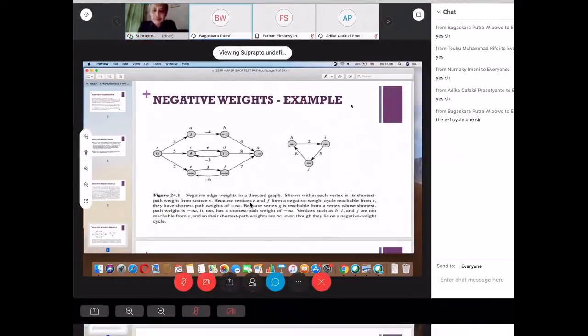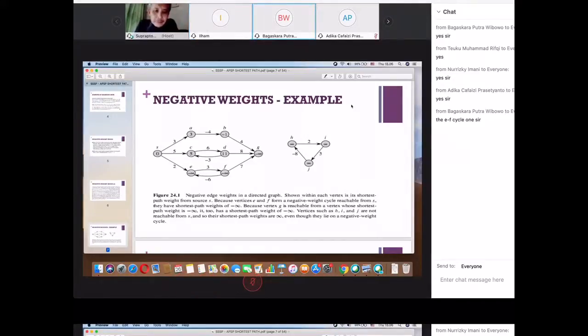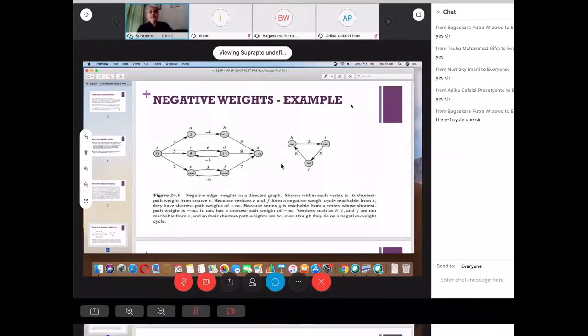Is it the EF cycle? It's the negative weight one, the EF cycle. E and F. That's right. EF has the negative weight, right?